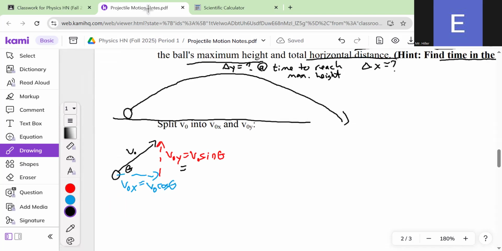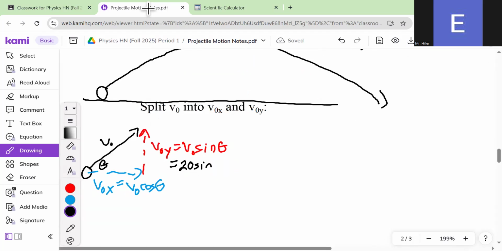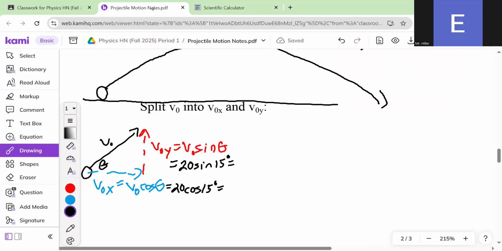This is going to be 20 sine 15, and this is going to be 20 cosine 15. Okay, let's figure those out. 20 times the sine of 15. Okay, about 5.18.